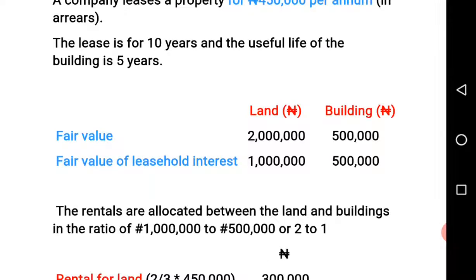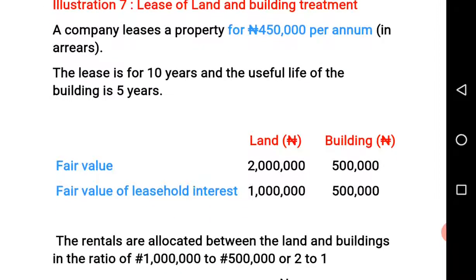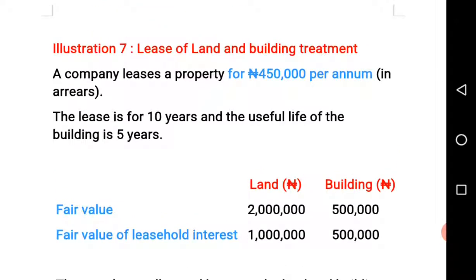So when calculating for the lease of land and building in lease treatment, we use the fair value of leasehold interest to get the percentage to divide the payment itself. That's 450,000. Remember, in our last class, we are supposed to separate land from building.